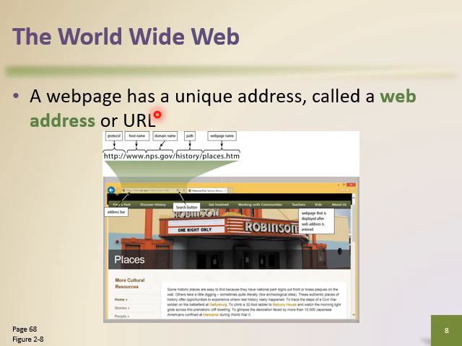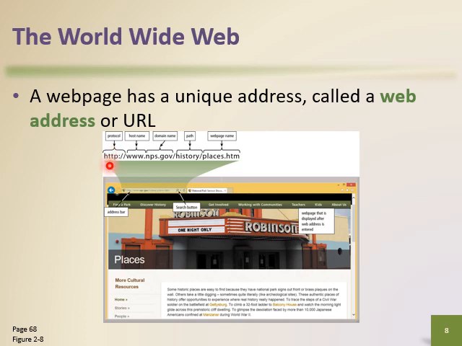If you know the exact path in that page, you can directly jump onto that. For example, this is a web page of a website: https://www.nps.gov/history/places.htm. This web address has different parts.